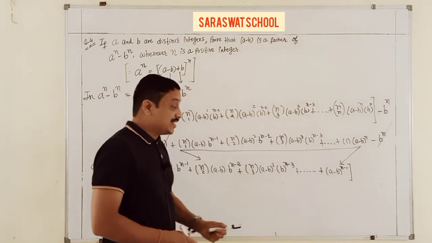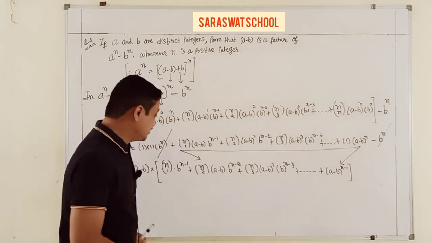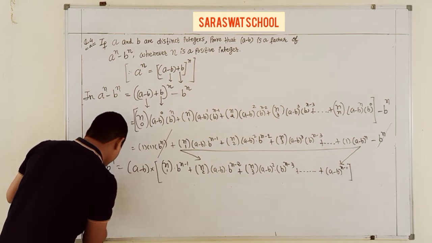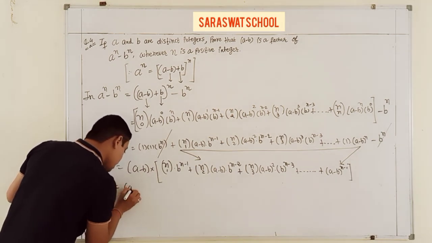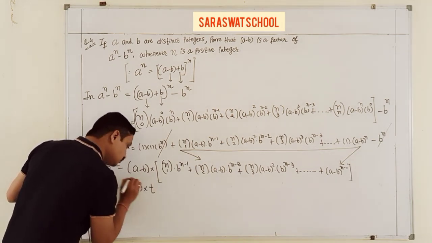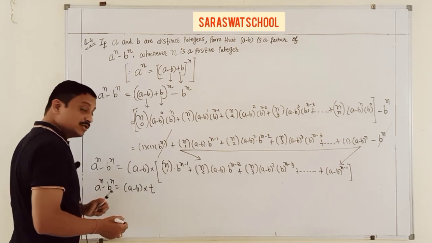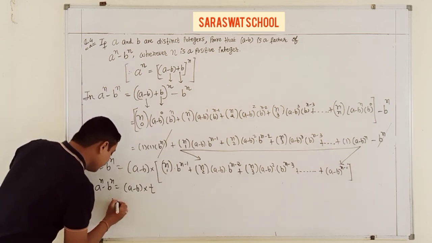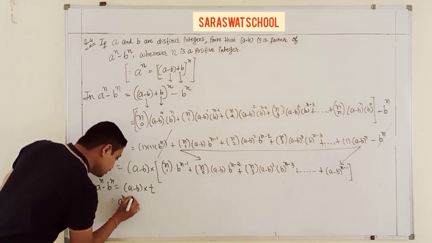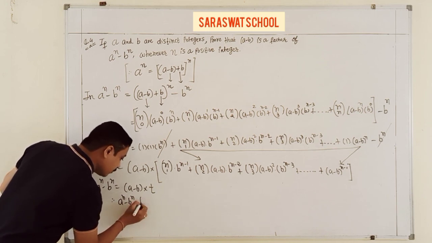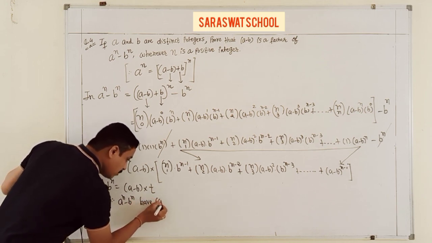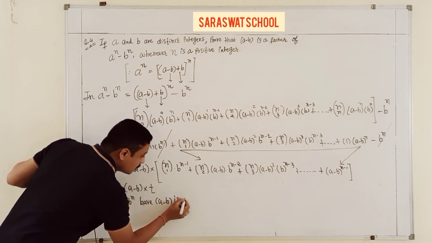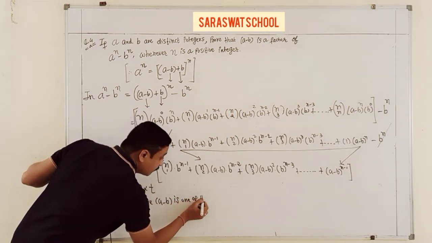And students, let this whole expression be t, so we get (a minus b) into t. So sure, this is a multiple of a minus b. Therefore, a minus b is one of the factors of a raised to n minus b raised to n.